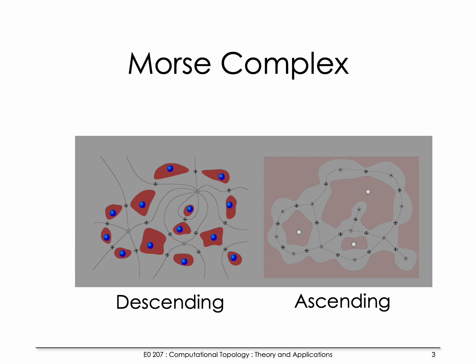So the descending manifolds together constitute the Morse complex with respect to the maxima, where the two-dimensional cells are the hills and the one-dimensional cells are the ridges, and so on. Similarly, the ascending manifolds together constitute a Morse complex corresponding to the minima.